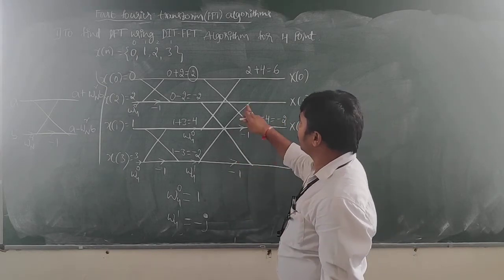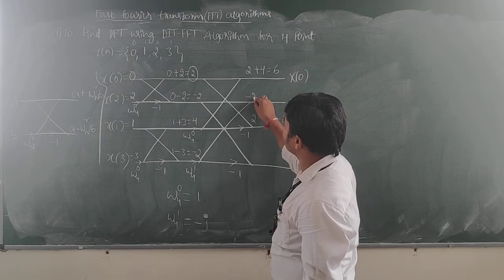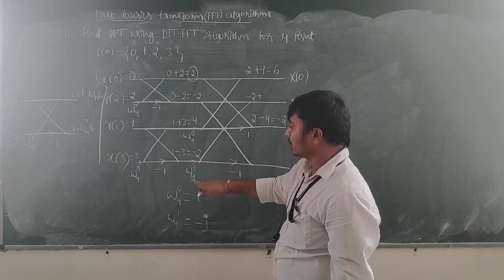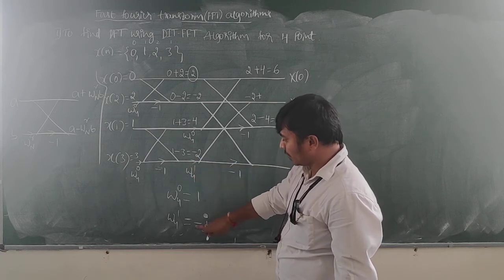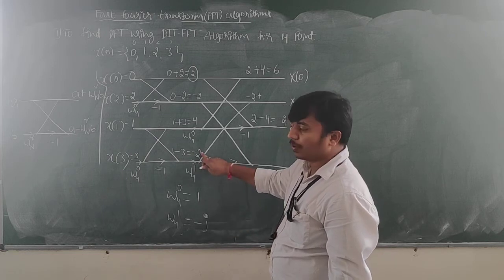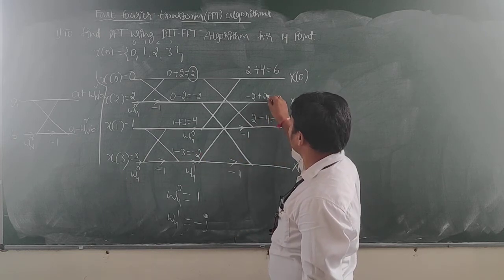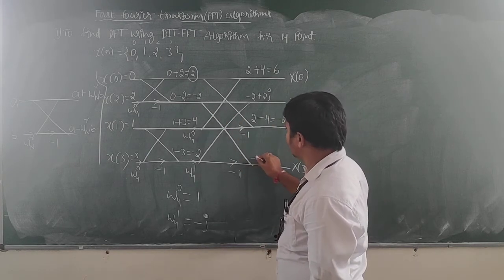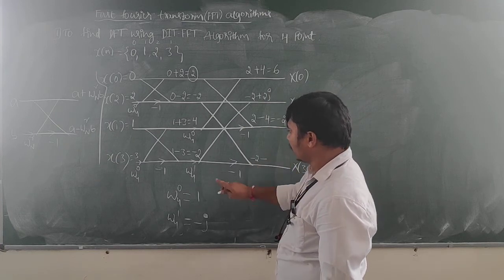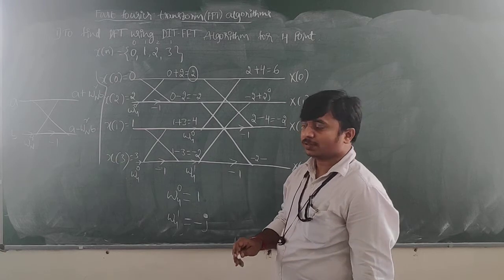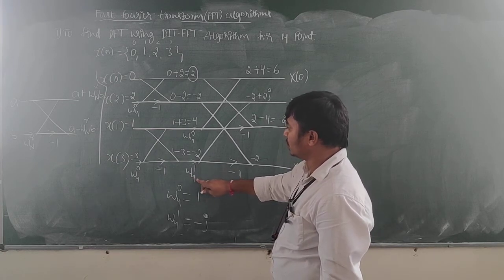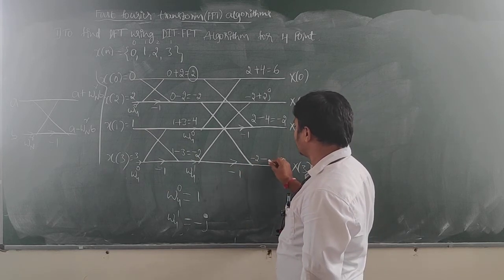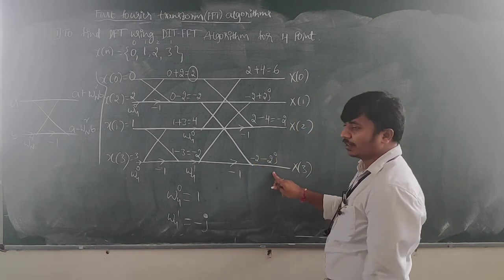Then from this minus 2 is coming, plus W4 power 1 into minus 2. W4 power 1 is minus j, so minus j into minus 2 is plus 2j, giving minus 2 plus 2j. Here minus 2 minus W4 power 1 into minus 2, where minus j into minus 2 is plus 2j, so minus 2 minus 2j.